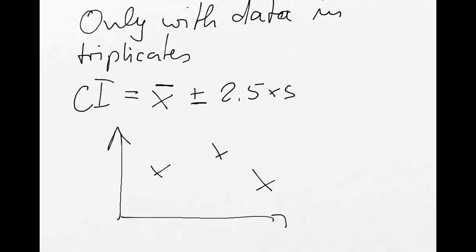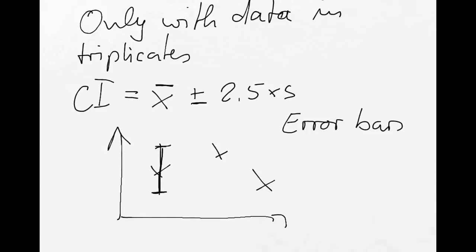And I want to make sure that I show these error bars, which indicate to the reader that there is that amount of uncertainty. Very often, confidence intervals are quite good error bars.